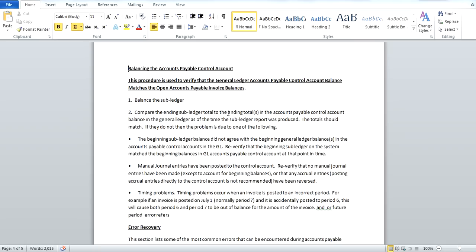So balancing your subledger. Point 2 says compare the ending subledger total to the ending totals in the control account in the general ledger as of the time the subledger report was produced. One of the other errors that happens quite often in accounting is the timing of when you run your balances.